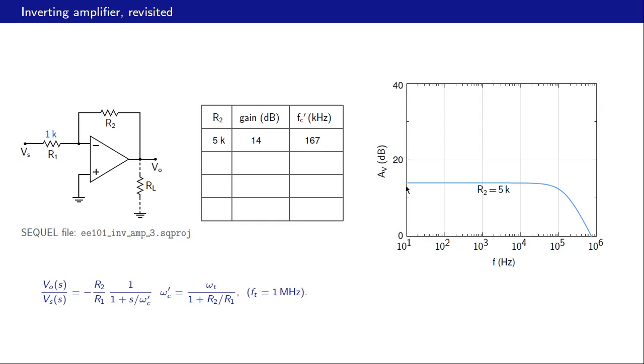And the intersection of these two asymptotes, this one and this one, should be the corner frequency. So let us see, this is 1 kilohertz, 10 kilohertz, 100 kilohertz, that is 200 kilohertz. So these asymptotes will intersect somewhere between these two, and we see that that is indeed happening.